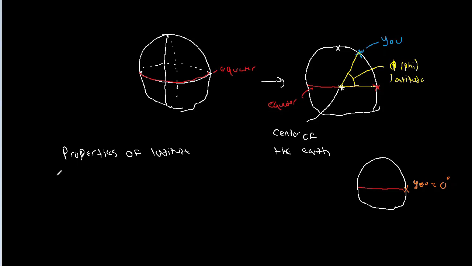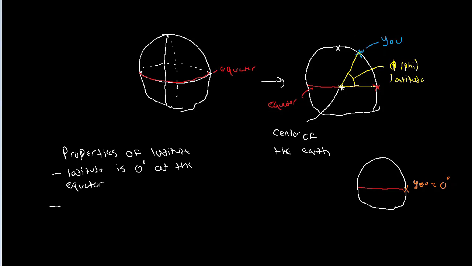So the first property of latitude is latitude is 0 degrees at the equator. Right. So now imagine you're walking along the Earth. Maybe you're Superman, you're flying along the Earth, and you get to the North Pole.